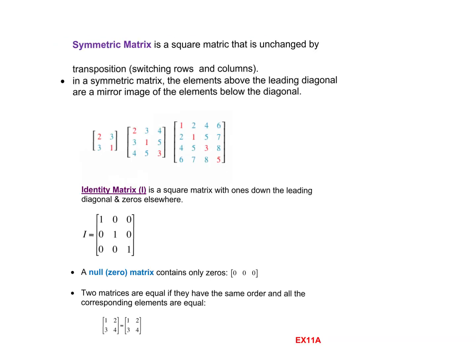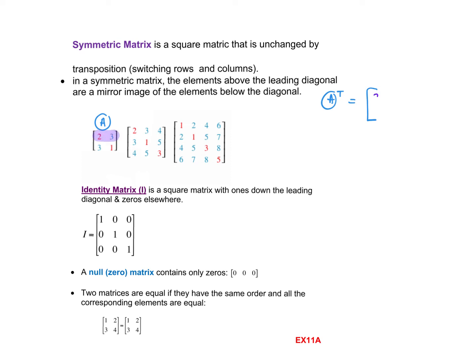A symmetric matrix is a square matrix that is unchanged by transposition. So if you transpose a square matrix and it looks exactly the same, it is therefore a symmetric one. Let's have a look. I'll call this matrix A. If I go A transposed, watch me, I'm going to make this row a column.